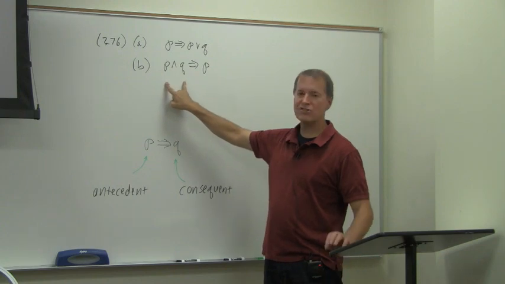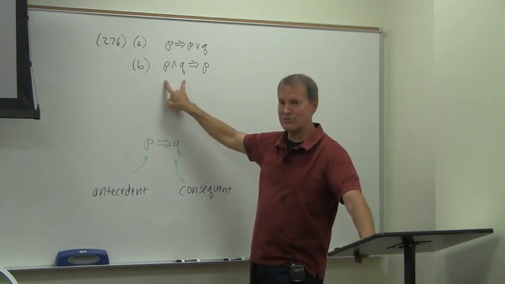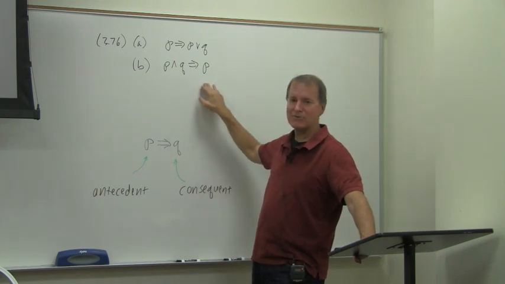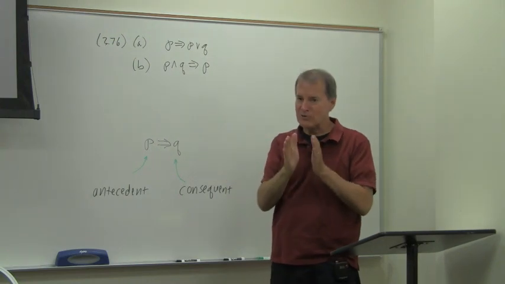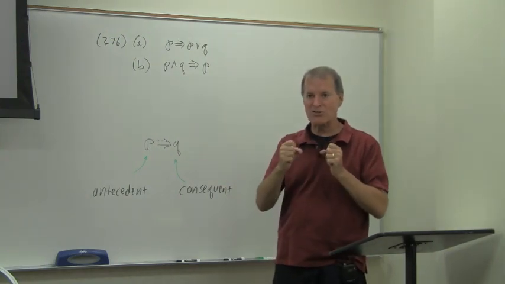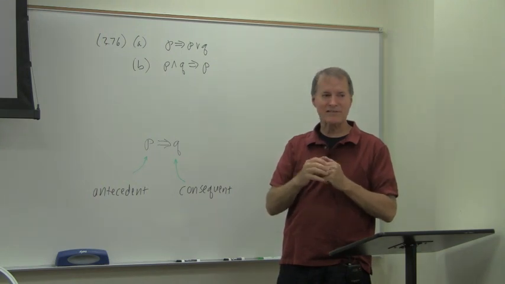Why is it stronger? Because here you are saying that P is true and Q is true. Here you're just saying P is true. So this isn't true in as many states. It's tighter, more limited. So it's stronger. It's true in fewer states. Do you see what I mean?